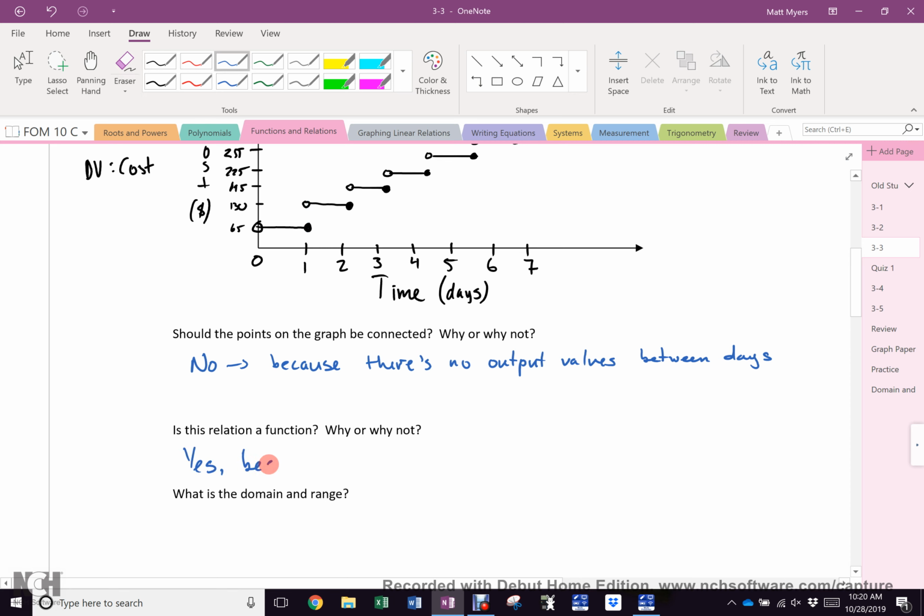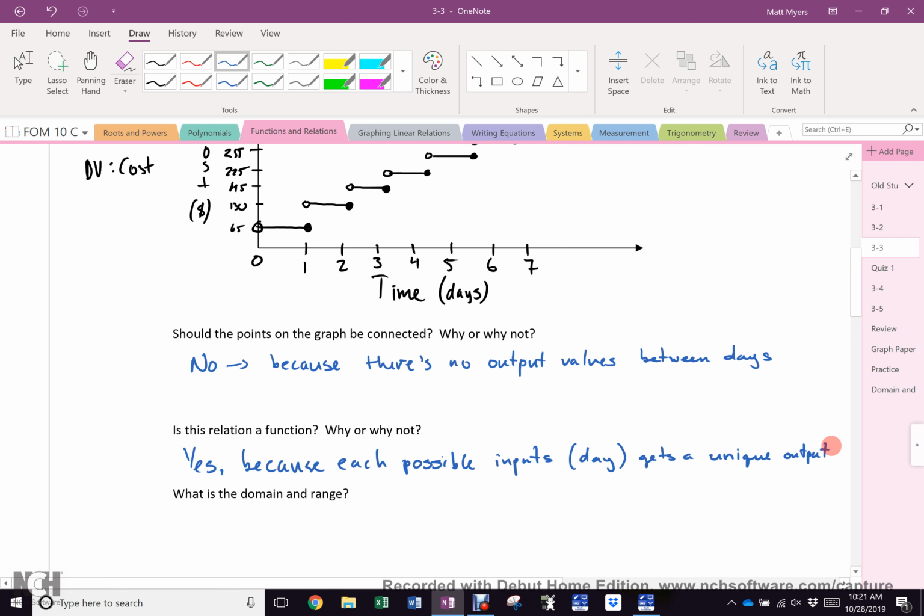Why? Because each possible input, what are my possible inputs? 1, 2, 3, 4, 5, 6, or 7. Each possible input, which is a day, gets a unique output.